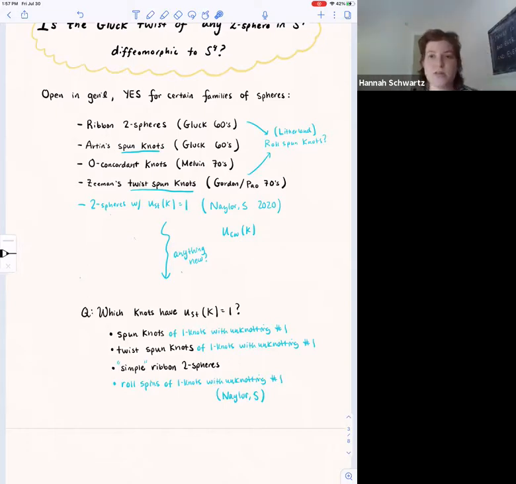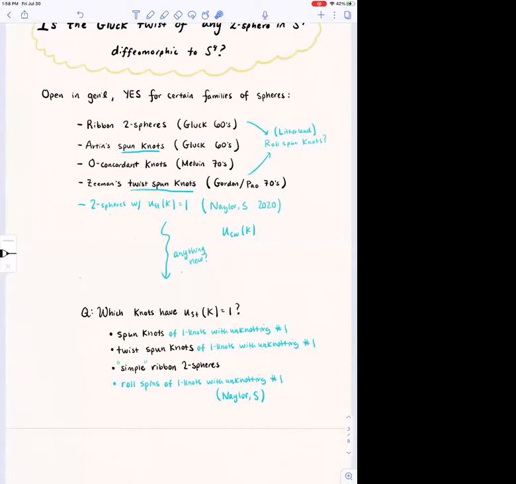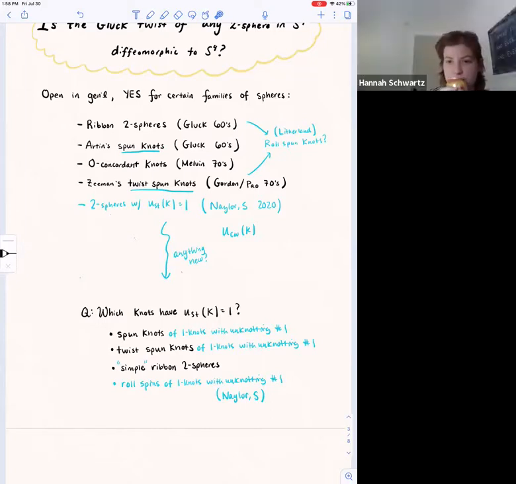That would be interesting to know and may or may not help you extend this to higher unknotting numbers. One thing to note is that in a paper by Zemke, he proves that the roll spins all have width 2, I think. I think so.